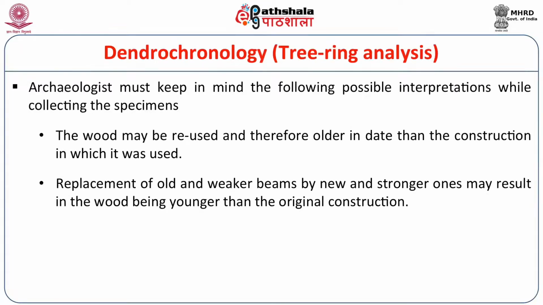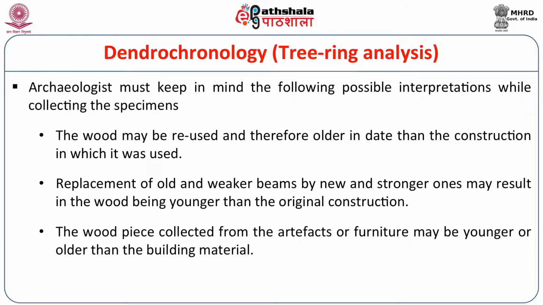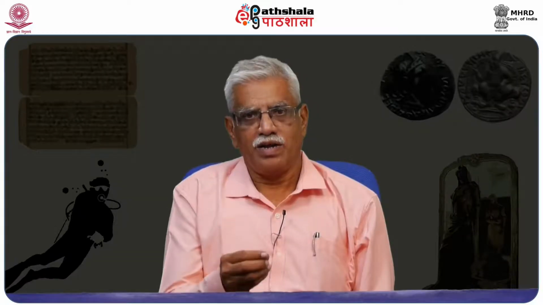The replacement of old and weaker beams by new ones always happens. Sometimes the wood deteriorates, and when it deteriorates, like in a beam, they replace the beam. Then the new beam will give a different date. The house may be different, still earlier. So we have to bear this also in mind. The wood piece collected from artifacts or furniture may be younger or older than the building material or any other implement.